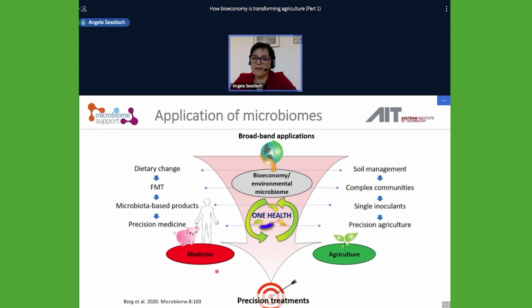We can apply individual inoculants or microbial strains, for instance, as biofertilizer or biocontrol agents. But they can also be included in a digital way, helping to perform more precision agriculture and to include microbiome applications or microbiome functions in these models and decisions.